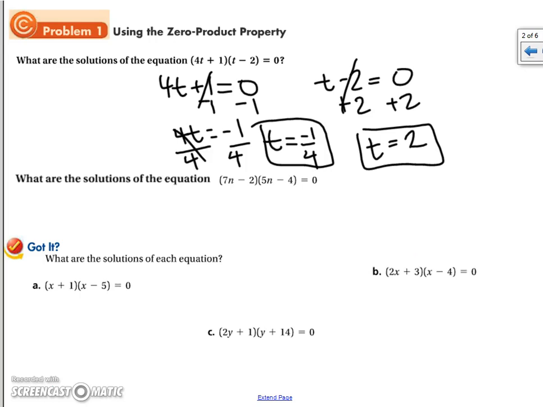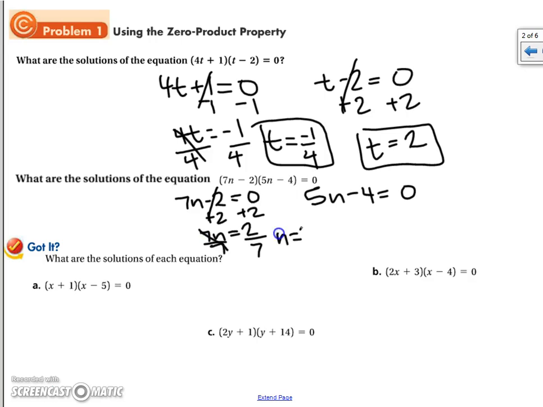Let's do another example here. We're going to set both of these equal to 0, so 7n minus 2 equals 0, and 5n minus 4 equals 0. Here we add 2 to both sides, canceling that out, and we're left with 7n equals 2. Divide by 7, and n equals 2/7.